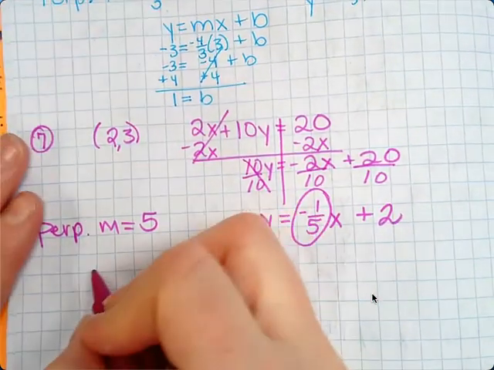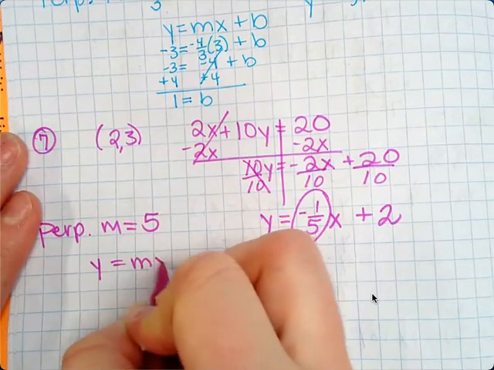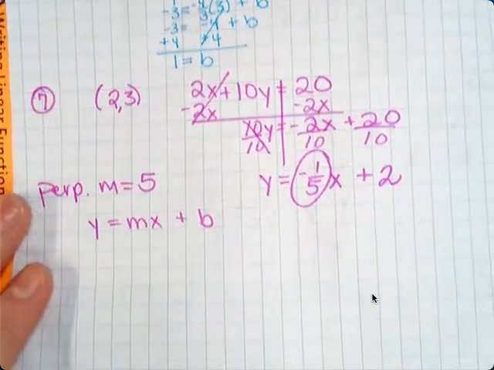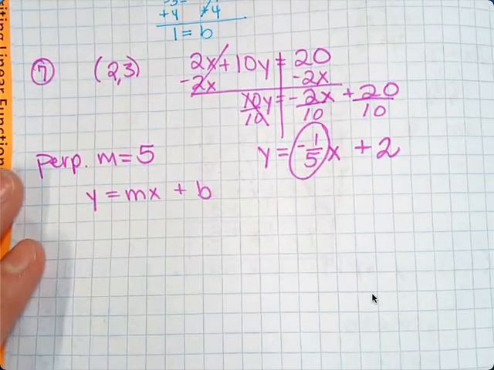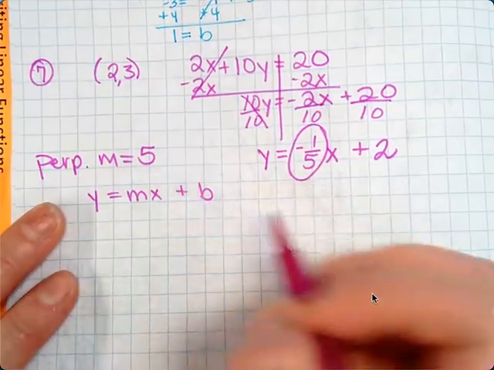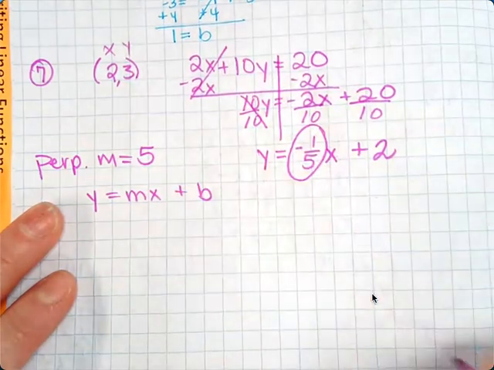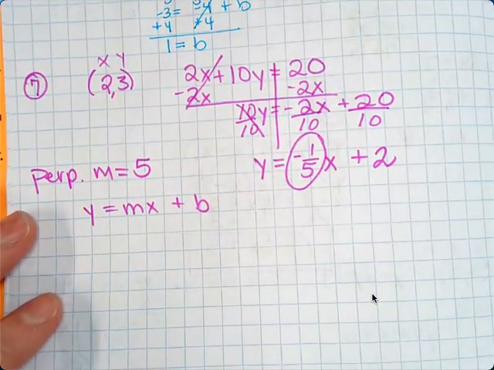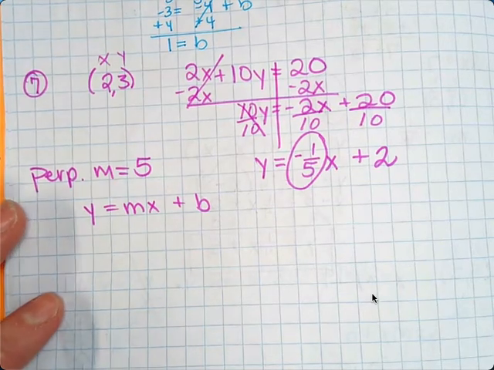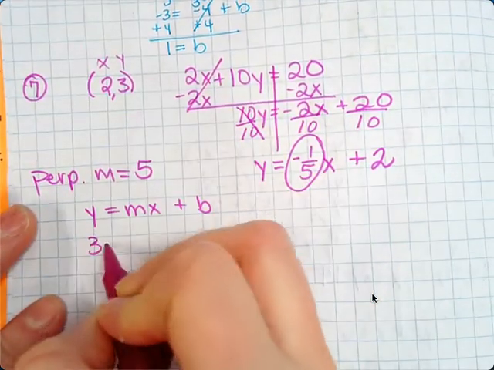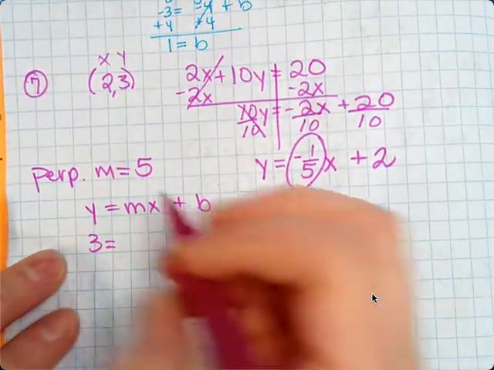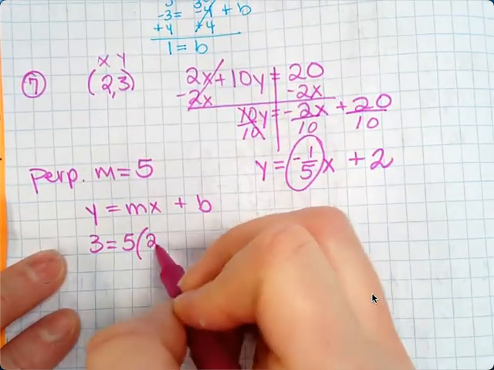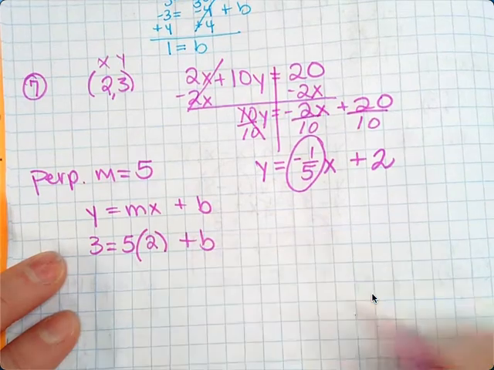Okay, so let's do y equals mx plus b. If you want to use the other method, you can. Just check your answer at the end of my work. So this is x, this is y. So 3 equals m is 5, x is 2, plus b.